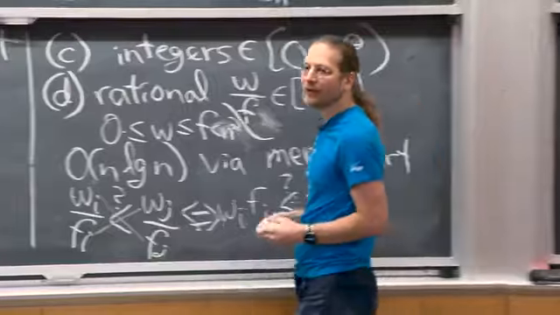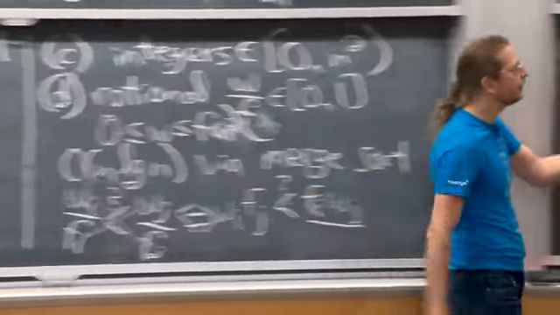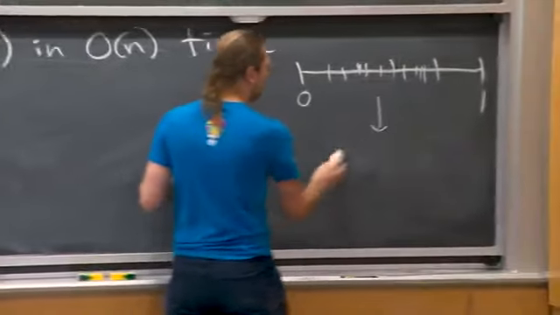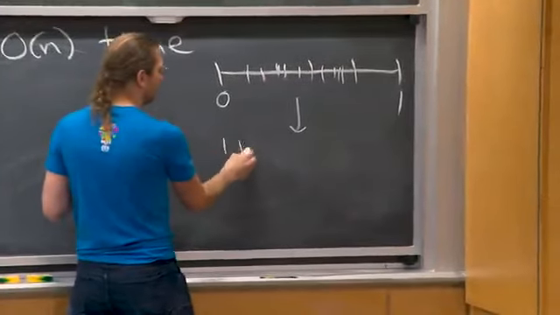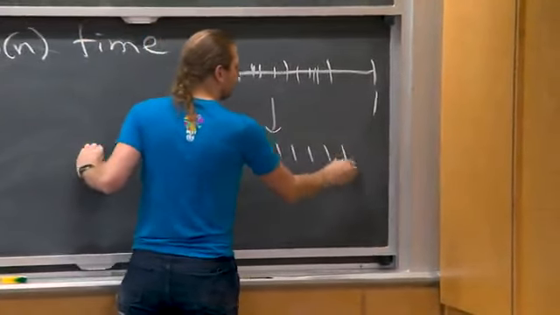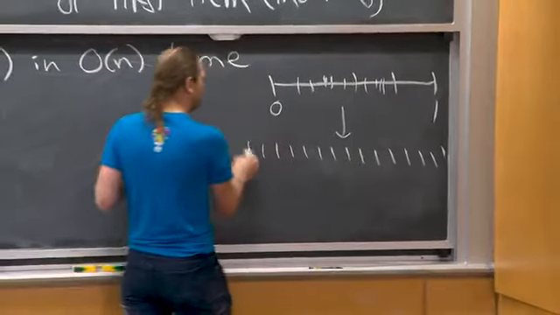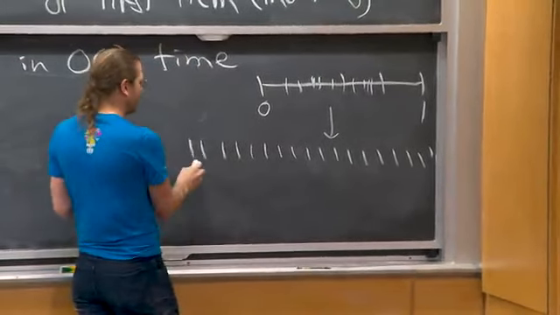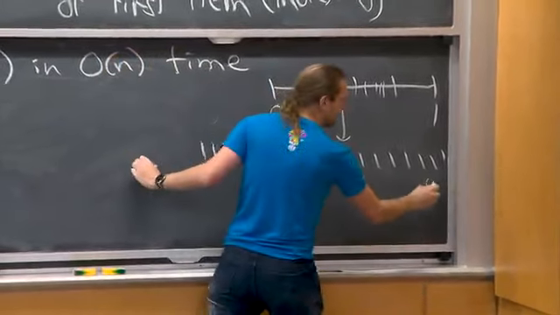So one thing that would be great is if I could take these real numbers and somehow map them to integers, which are uniformly spaced. Maybe a few more of them, but these go from 0 to u minus 1.